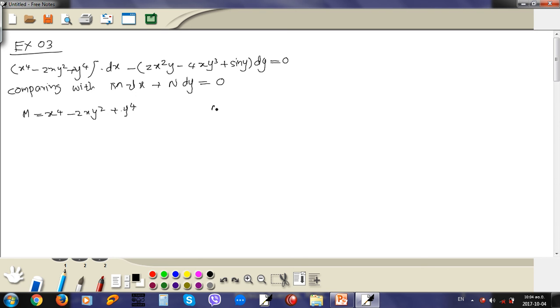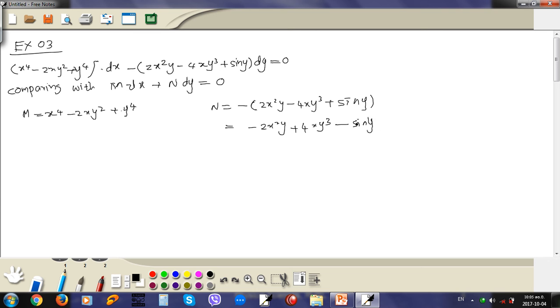N equals this one, there is a minus sign: minus 2x squared y minus 4xy to the power 3 plus sin y. Here you can remove the minus sign: N equals 2x squared y plus 4xy to the power 3 minus sin y.